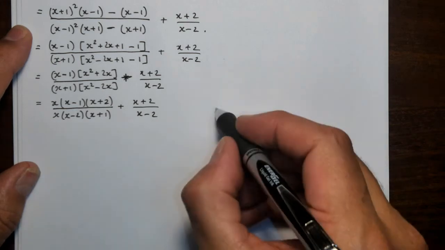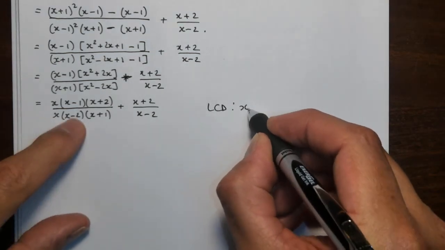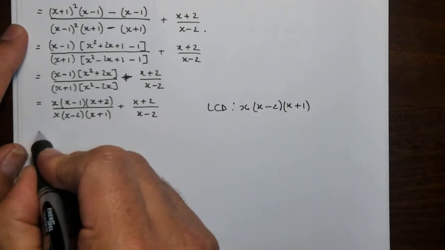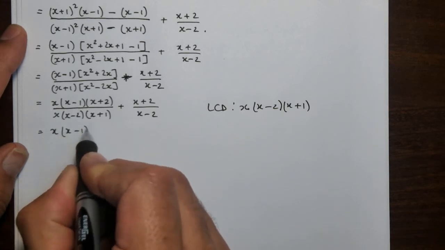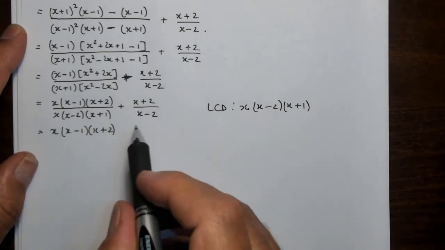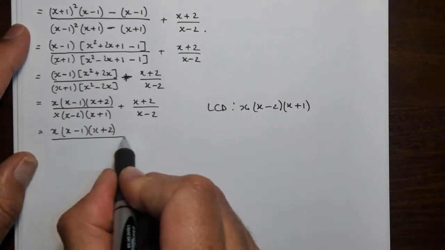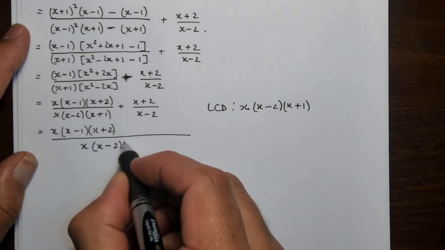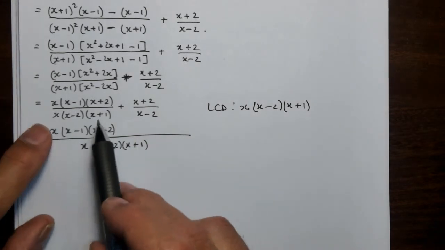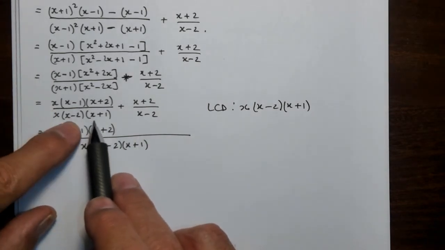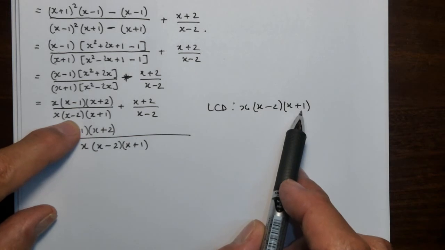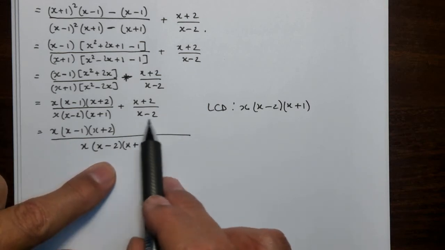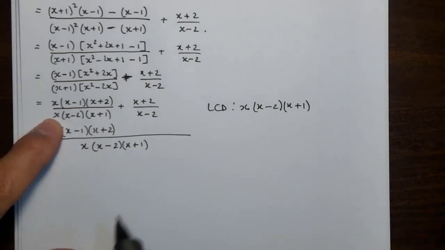Now you can see the LCD for these two fractions will be x minus 2 and x plus 1. Okay, so what do I have? I have (x minus 1)(x plus 2), and here I'm going to add everything over that LCD, (x minus 2) times (x plus 1). The numerator of this fraction stays what it is. This fraction needs its denominator changed, so I multiply with x times (x plus 1).